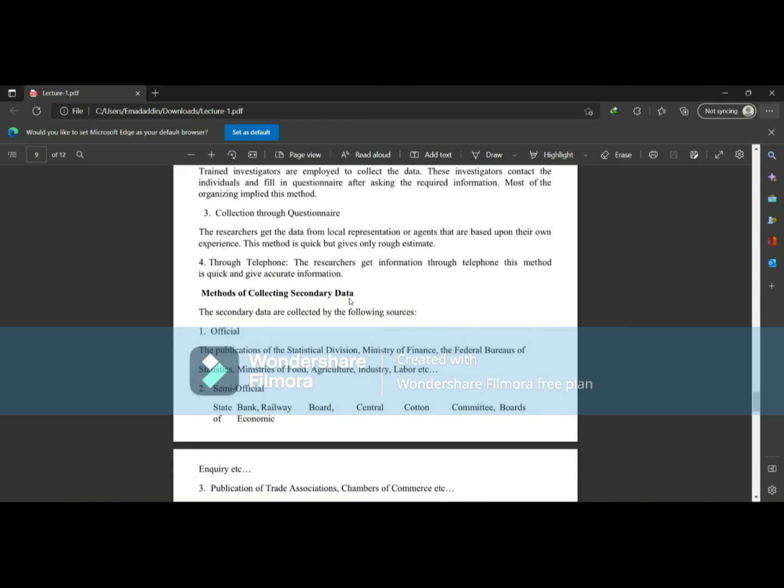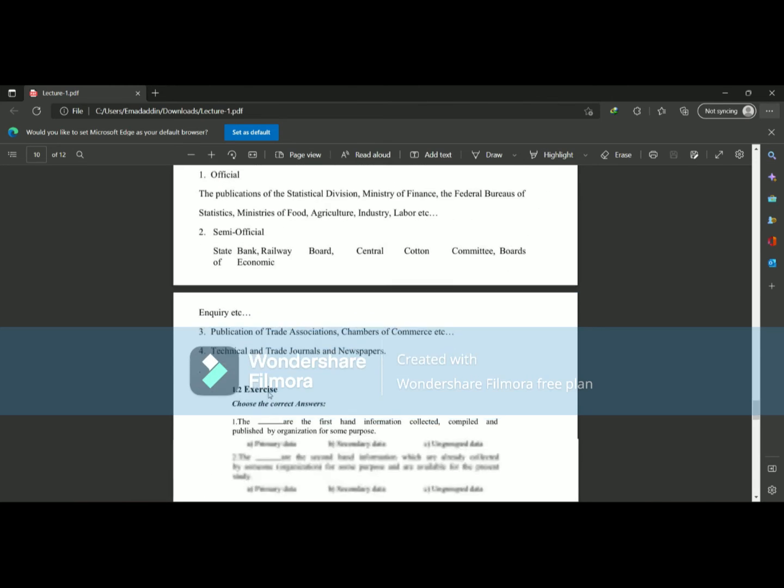Methods of collecting secondary data. The secondary data are collected from the following sources: official and semi-official.